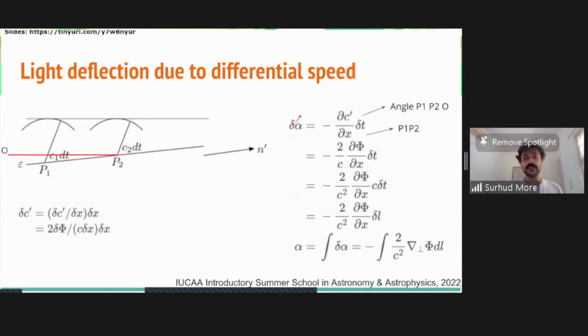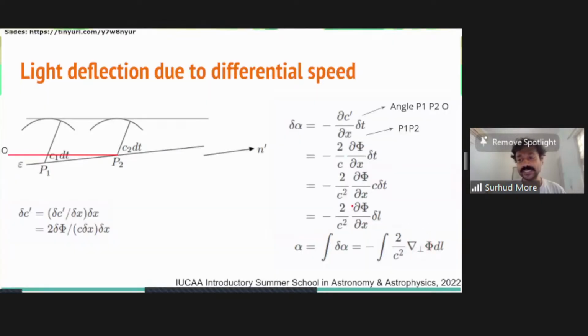Right? And so if this is delta alpha, if you want to calculate the total deflection angle that will happen after you encounter a particular potential, then you just have to sum up these small delta alphas. Right? And so this alpha will then just be an integral of delta alpha along the path of the ray. Okay? And so you take this expression, minus 2 by c square del phi by del x d delta L. You can write this down as the gradient of phi perpendicular to the light path.